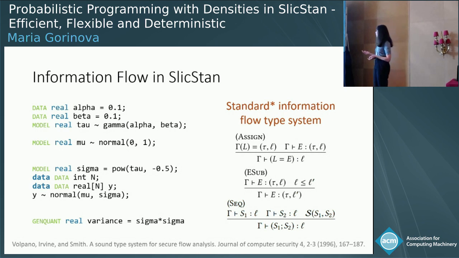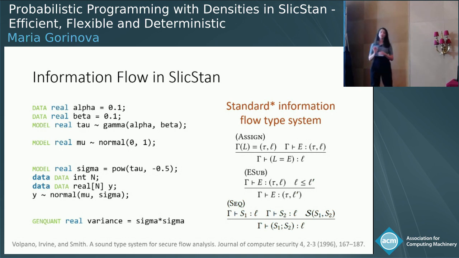And then we specify a type system for SlicStan, which is a standard Volpano-Irvine-Smith, sorry, trying to not miss names, type system where we have rules that forbid flow to go down the lattice, and we have this extra rule.